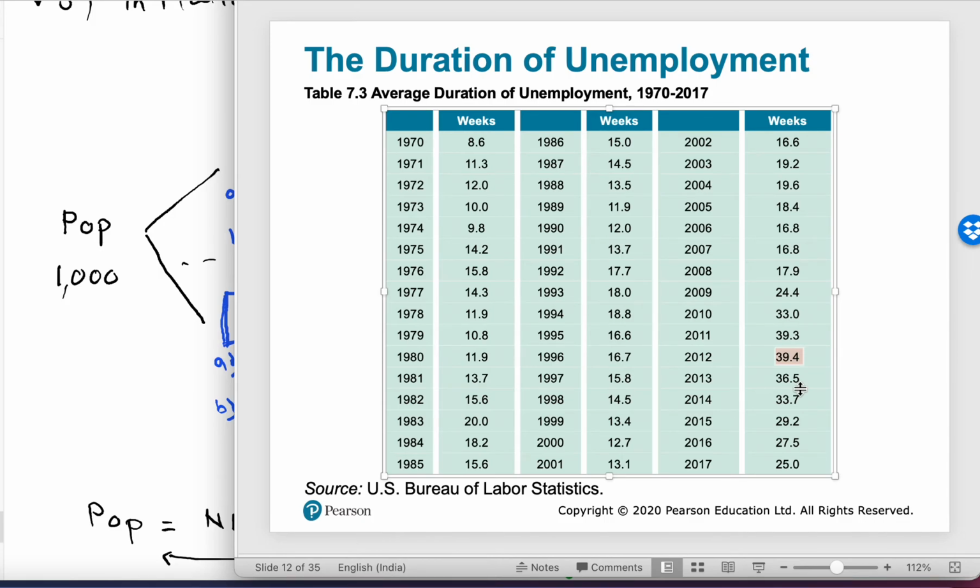So they were still in the labor force. After that, they give up and then they drop. So whenever the unemployment rate drops, check whether the labor force participation rate is dropping too. Because if that is dropping, then you most probably have a huge discouraged worker effect.